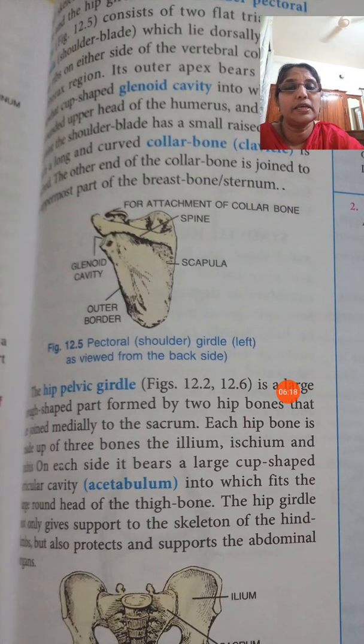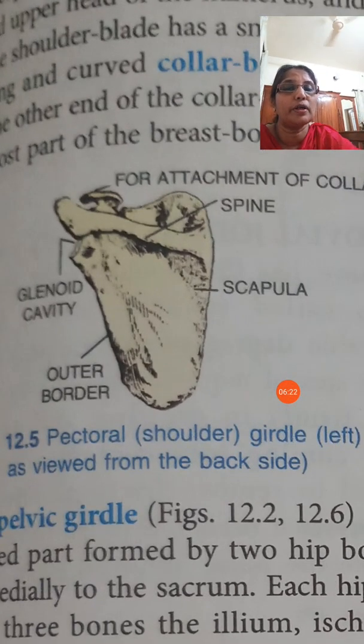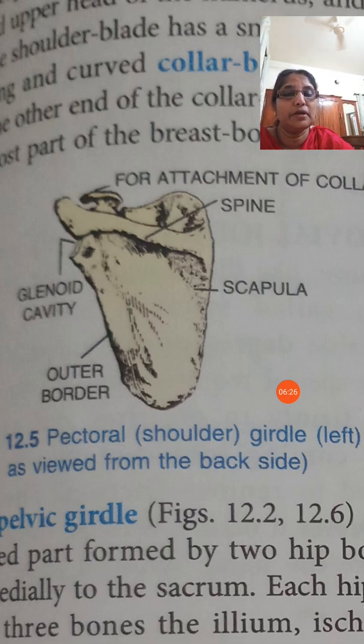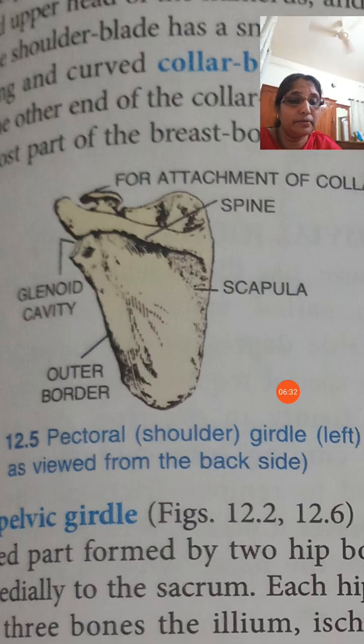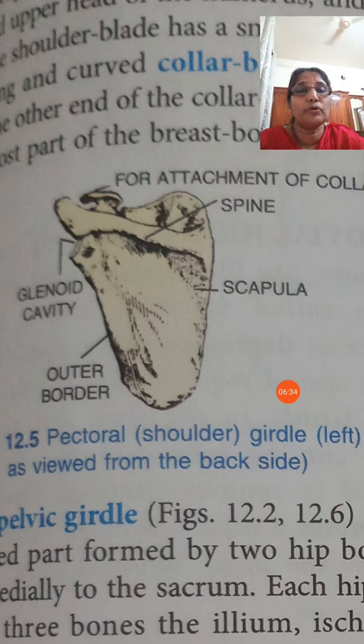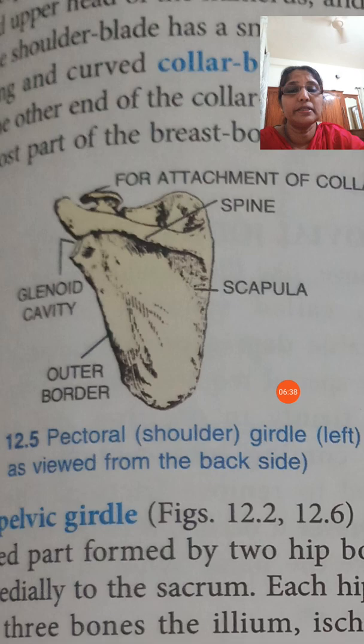Here you can see the point of attachment of the collarbone. This triangular shaped pectoral girdle is attached to the upper part of the backbone.